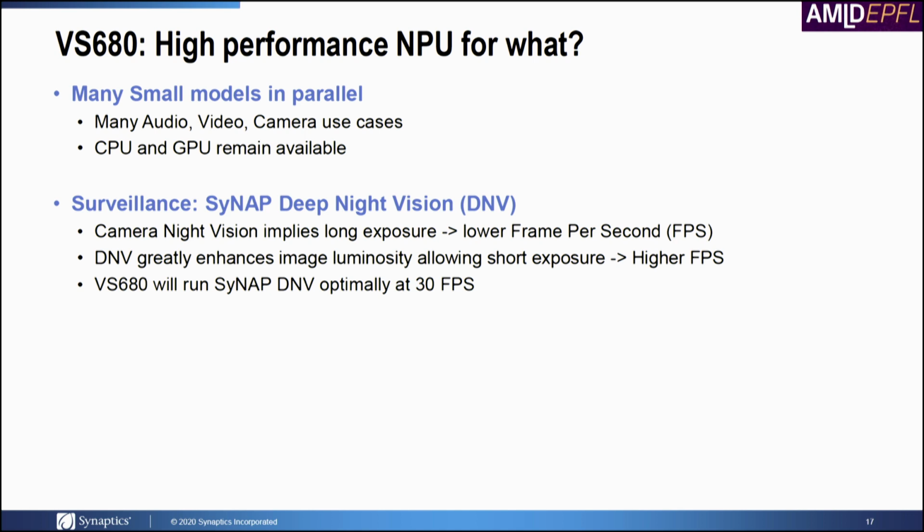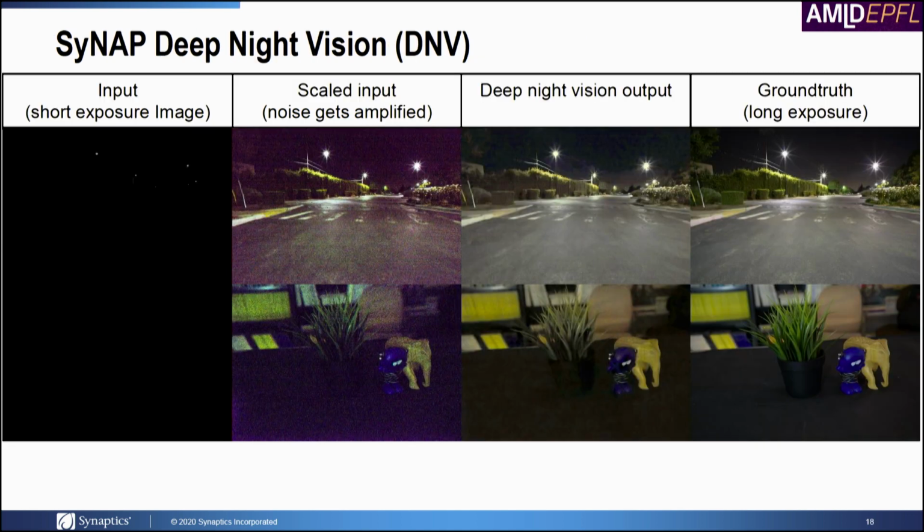And the last application I want to talk about is deep night vision, being able to see in the dark. Here you can see one of our models running on the VS680. The left picture is the input, so it's very dark. Then you have a scaled input, which is what you typically have in cars.